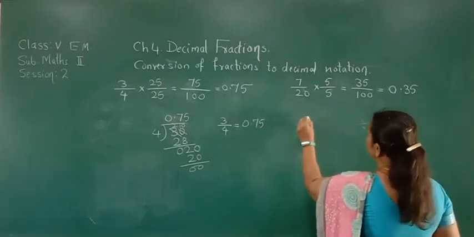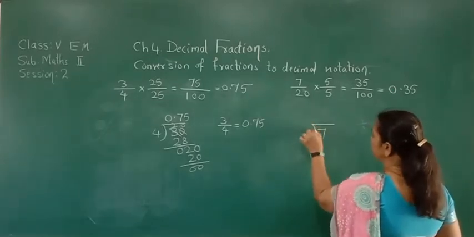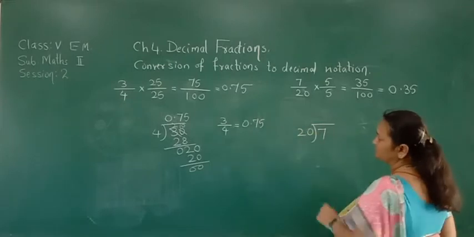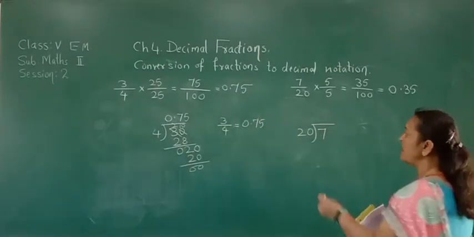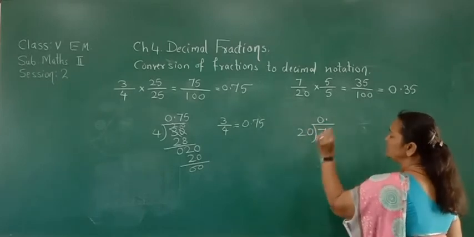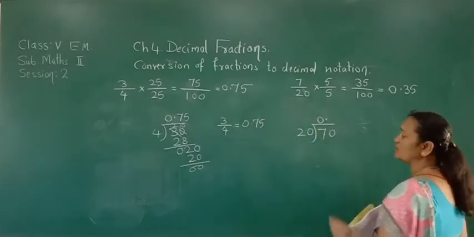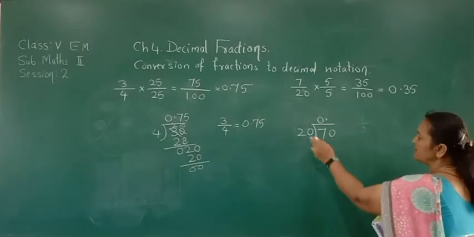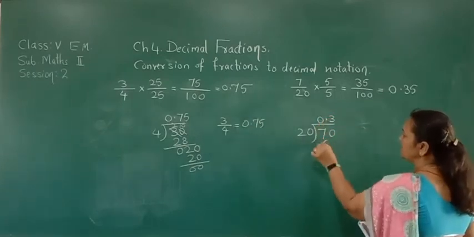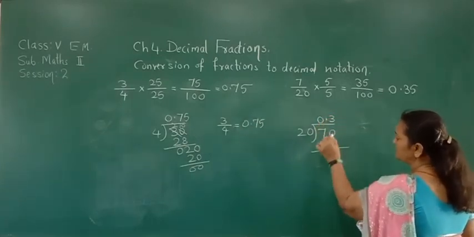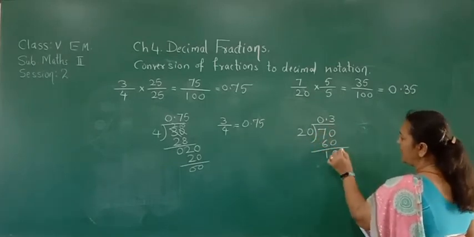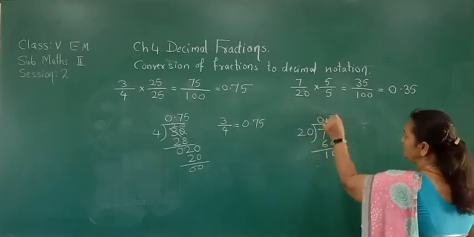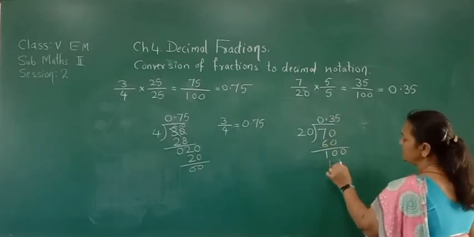So here, if you divide 7 by 20, then in the 20 table we never find 7. So add 0 here, put a decimal point and write 0 here. Then in the 20 table, 20 3s are 60. Then 0 minus 0 is 0, 7 minus 6 is 1. Add 1 zero here, then 20 5s are 100.